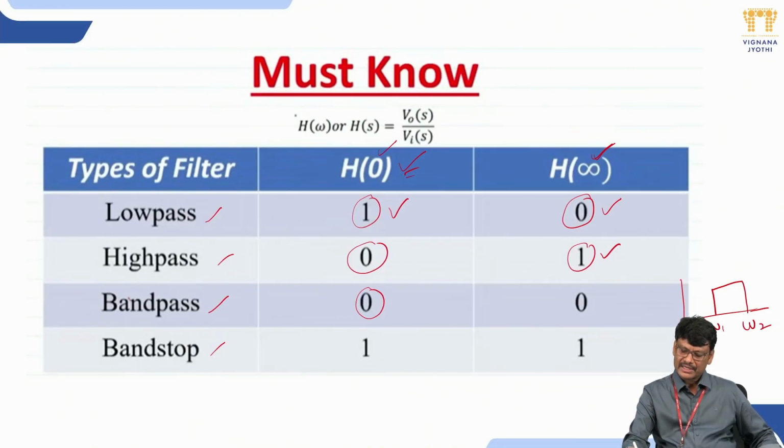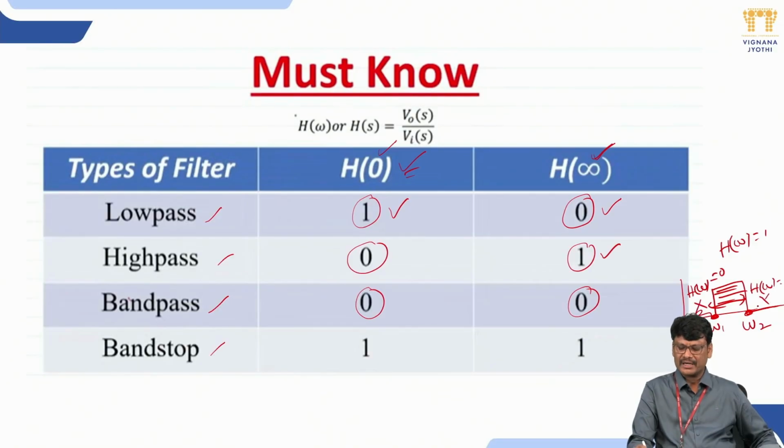For high frequency, greater than omega 2, again in this stop band, gain is also 0. In between omega 1 and omega 2, this is the band, the pass band. Here H of omega is equal to 1. This is the pass band, and these two are stop bands.